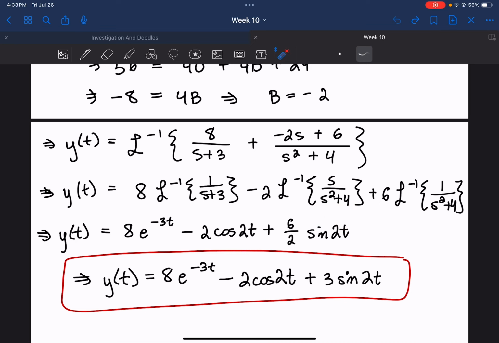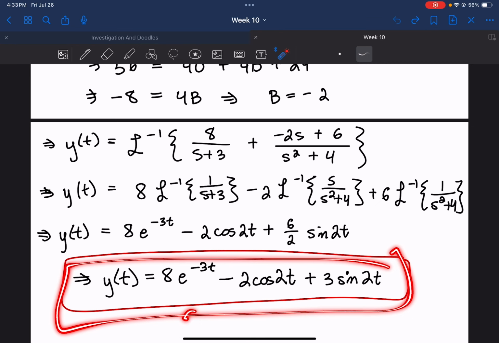I do need to add a 2 on top and bottom. I'm going to multiply by 2 over 2 out front and suck this 2 inside so that this becomes sine of 2t. And then I leave the 2 out front. So this means my solution to my IVP is this function y.